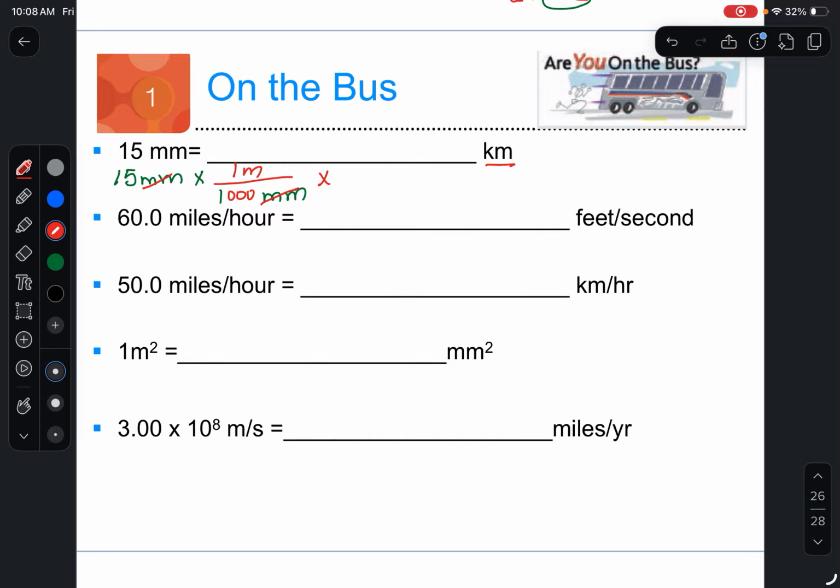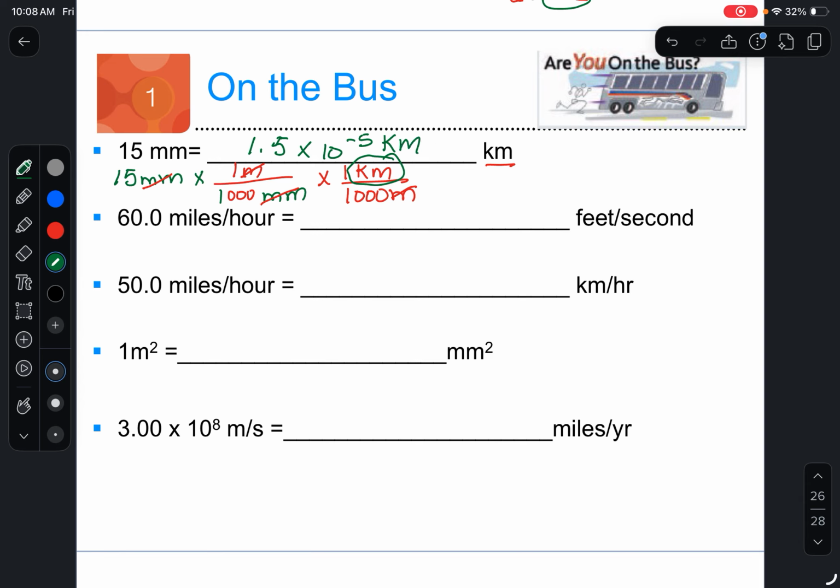So my next conversion is going to be in 1 kilometer, I have 1,000 meters. Now when I check, I see my meters cancel. The only units I'm left with is kilometers, so I know I did it correctly. So 1.5 times 10 to the minus 5 kilometers.